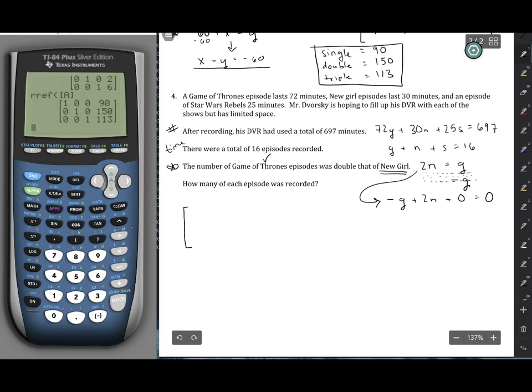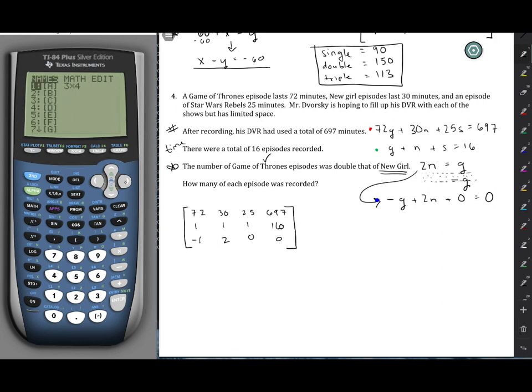So matrix, we're just going to plug all these in, the red, the green, and the blue. 72, 30, 25, and 697, 1, 1, 1, 16. And our funky one, negative 1, 2, 0, 0. Plug that on into matrix world. And we're almost done here.